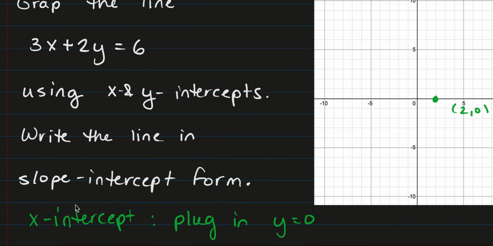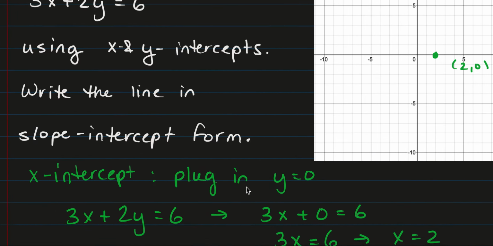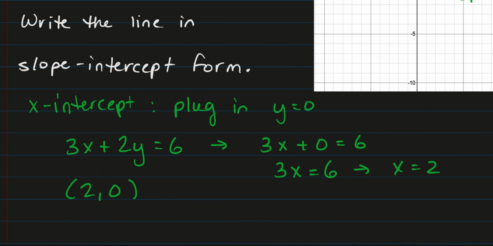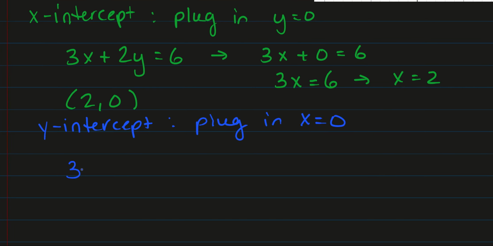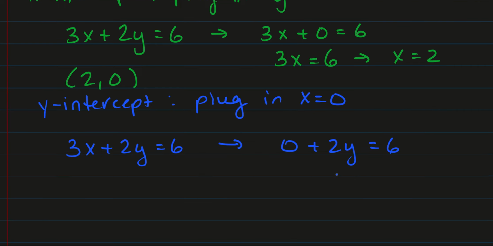Now let's find the y-intercept. So to find the y-intercept, we do the opposite here. We plug in x = 0. So we get 3x + 2y = 6, so 0 + 2y = 6, which tells us that y = 3.